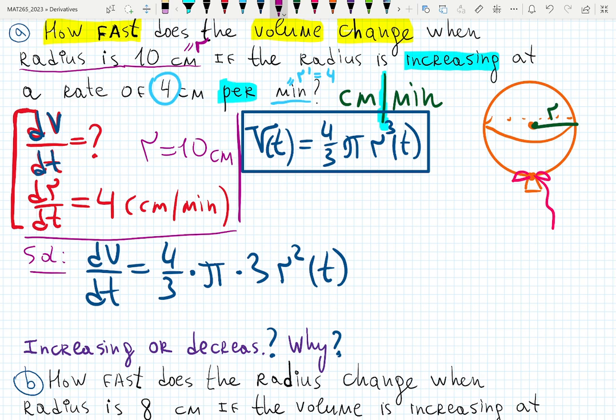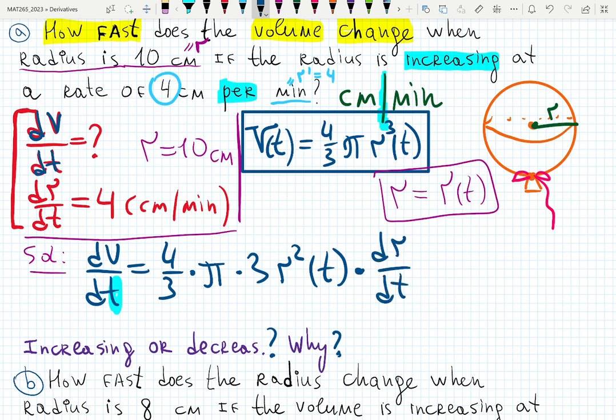When I'm differentiating, everything with y prime pops out. That's what I was saying in the implicit differentiation. Same thing here. Because r depends on t, we need to have the answer so that everything has dt at the bottom. So where is my r prime? It should be at the very end, dr/dt.